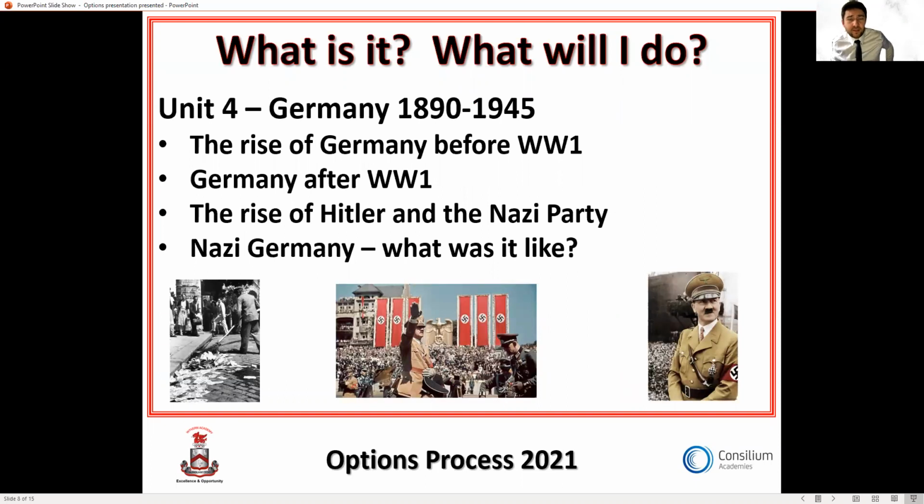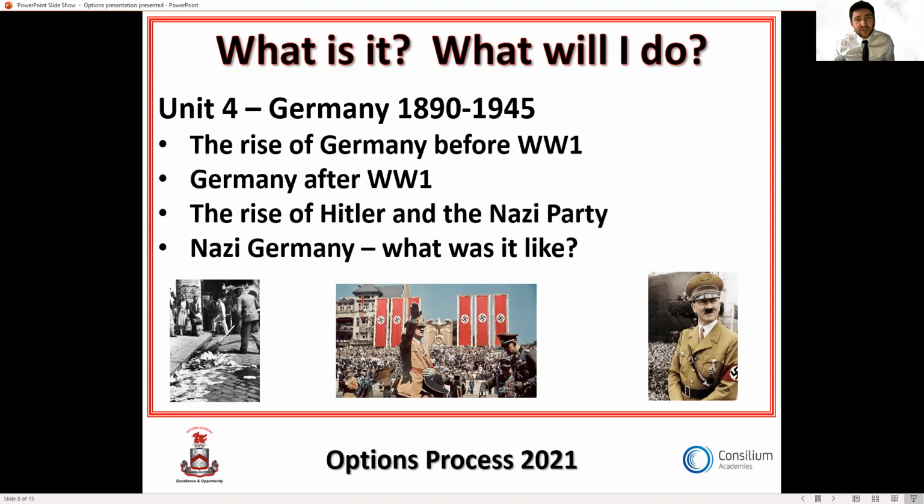And then lastly, the last topic that we look at in year 11 is Germany, 1890 to 1945. So we look at Germany before World War I, when Germany was a brand new country.